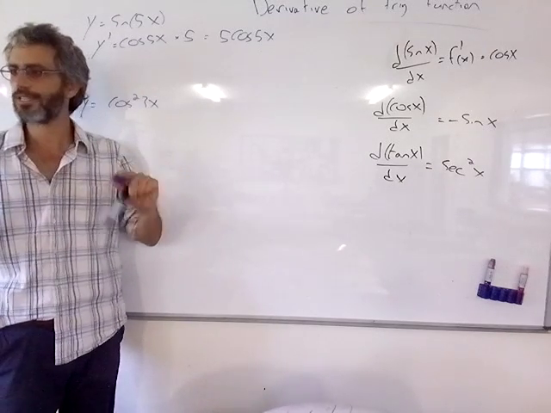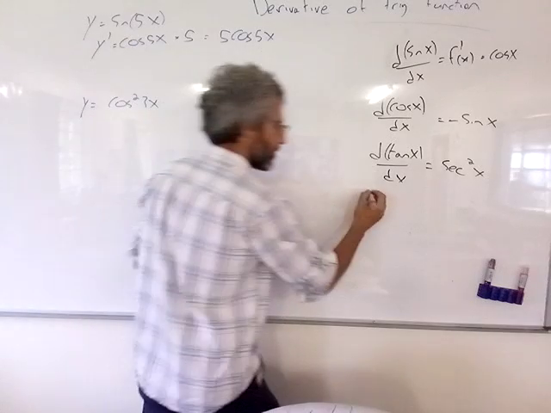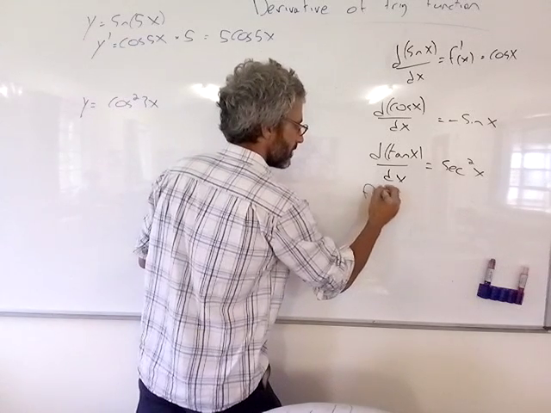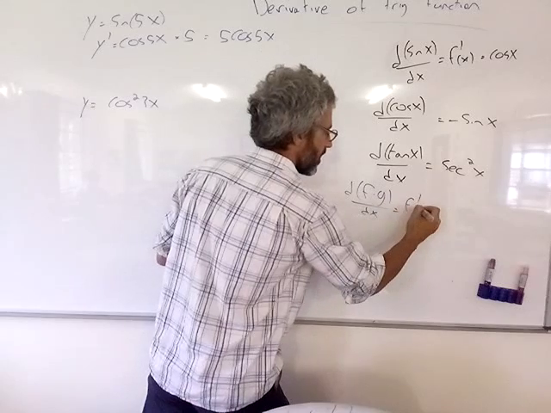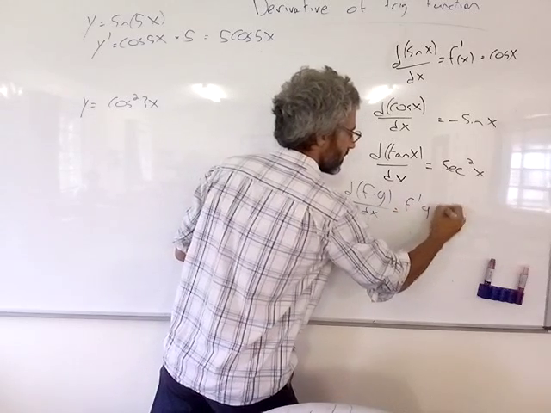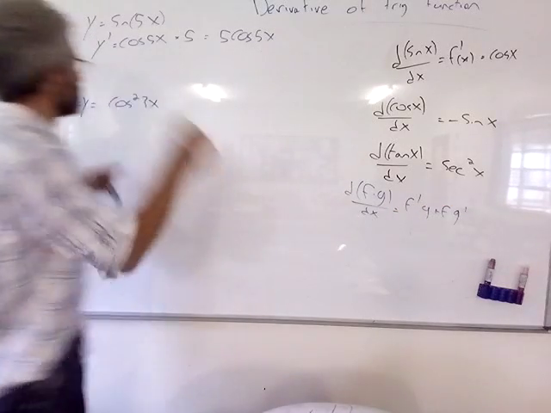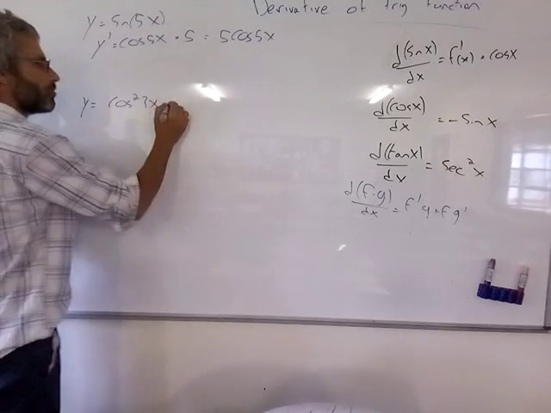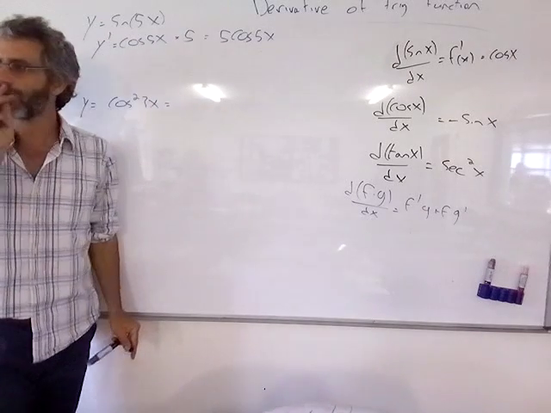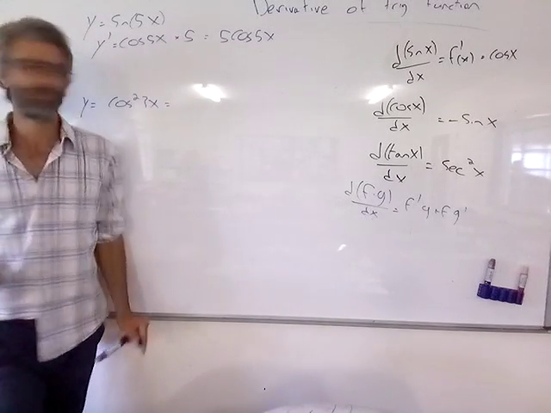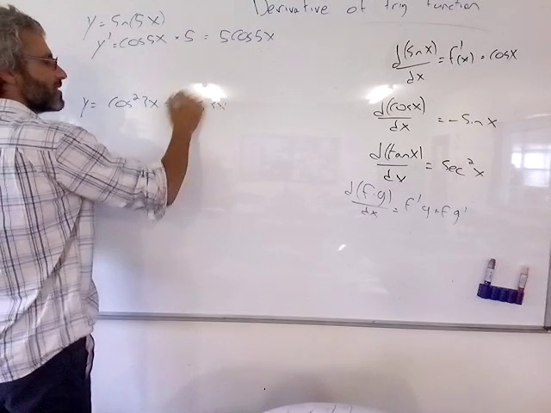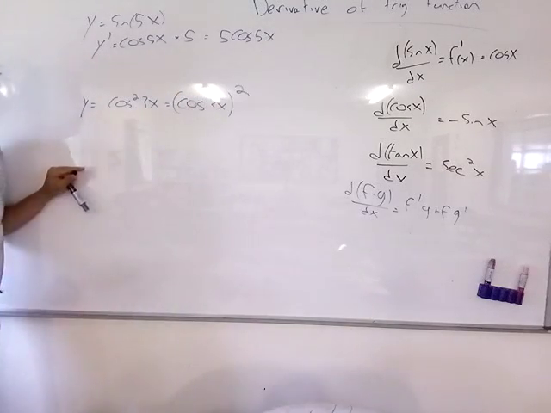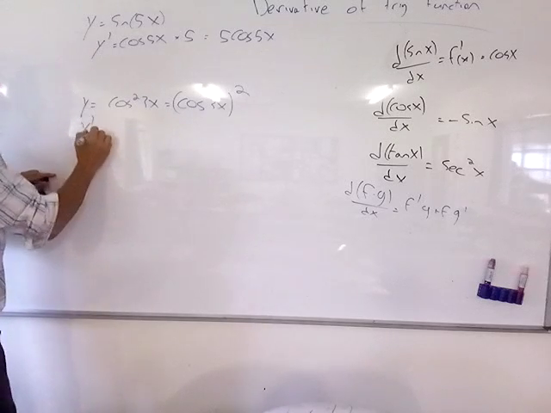Use the product rule, if you remember, f times g, derivative with respect to x, is f prime g plus f g prime. But that is not needed. I can use the chain rule, but I'm going to have to use it as a triple chain rule. Look, cosine squared 3x is cosine 3x, squared. So what I'm going to do now, I'll find the derivative.